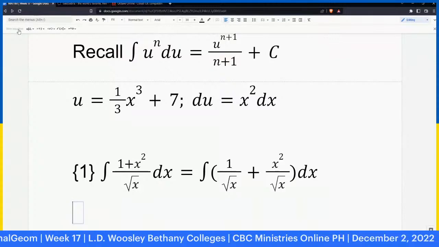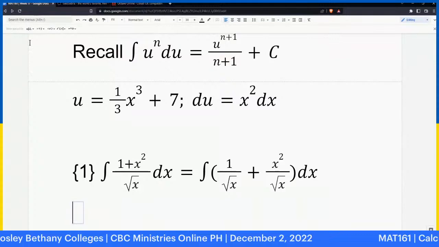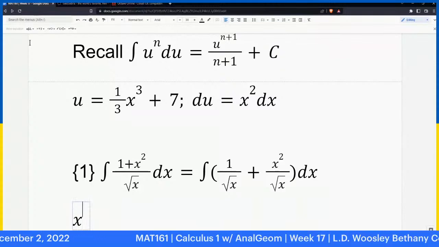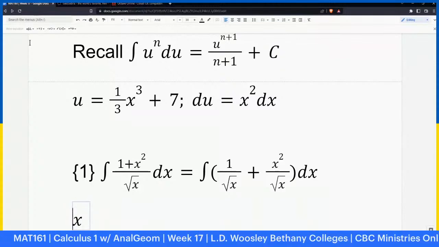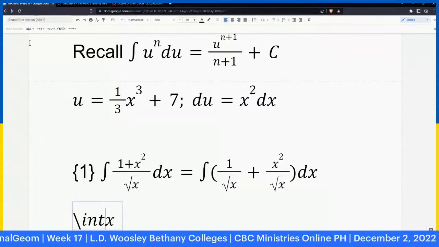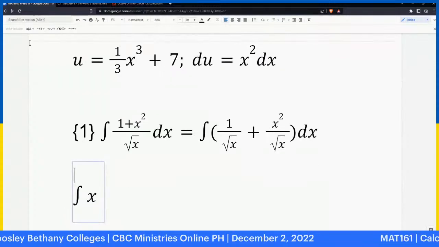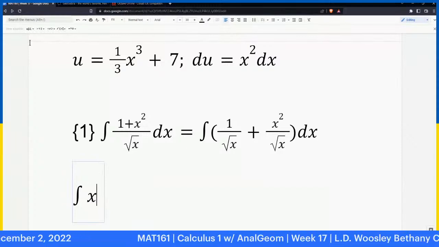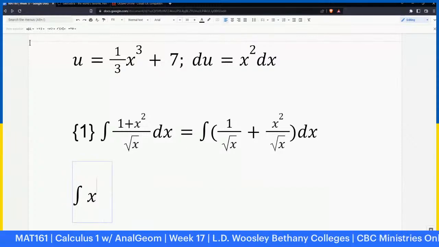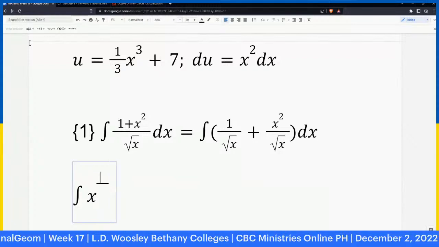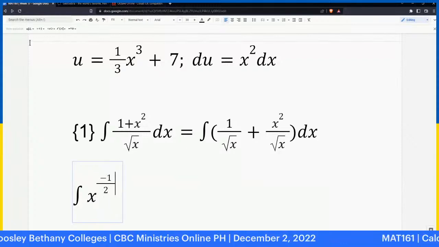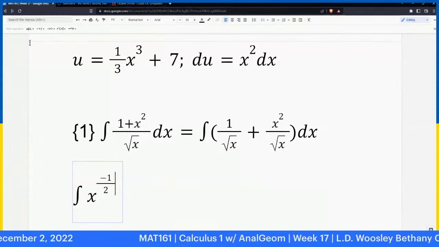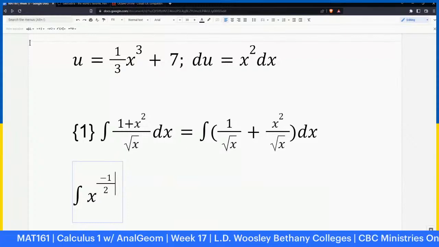So that is 1 over x raised to 1 half is x raised to negative 1 half. No? Okay, x raised to 1 half. Okay, plus. What is x squared all over square root of x, x squared over x raised to 1 half?